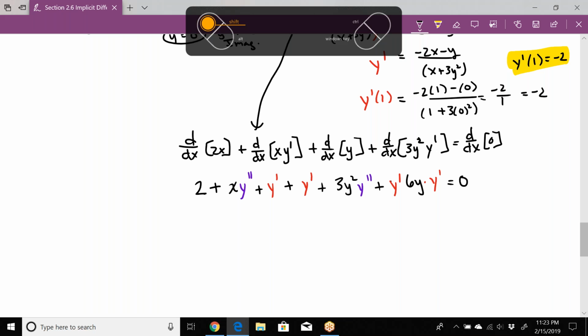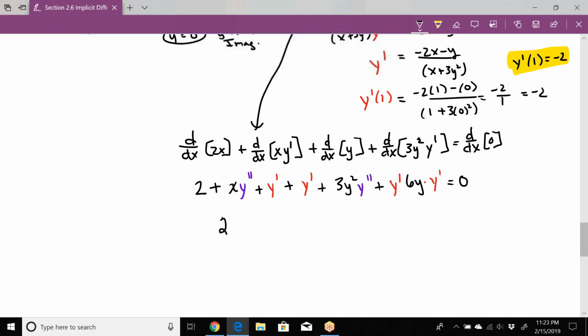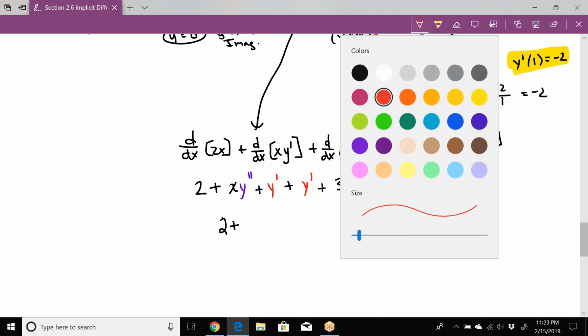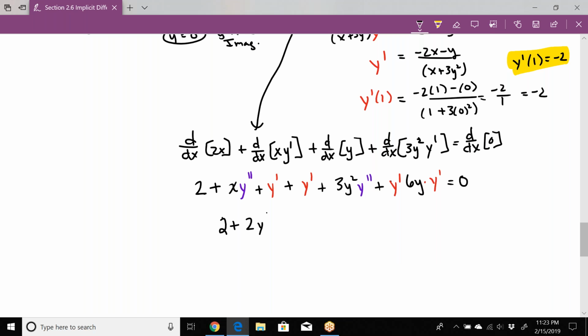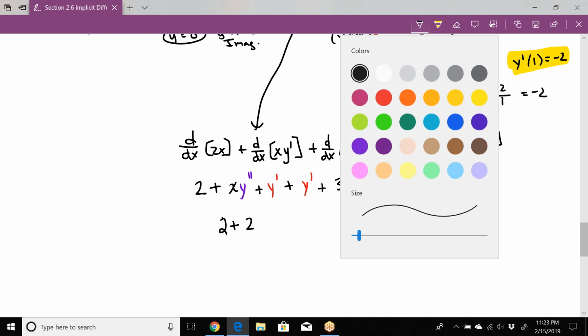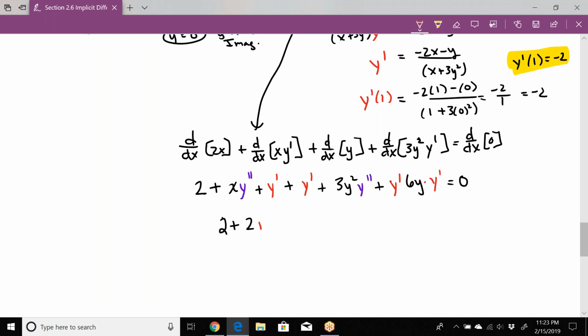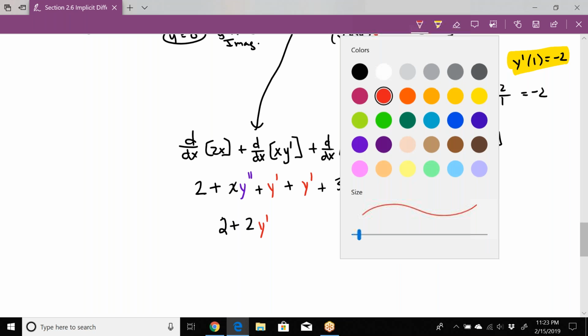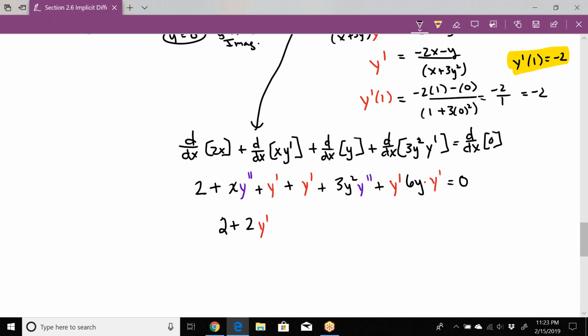So let me just clean up what I can a little bit before we do any plugging in. I'm going to put all my y primes that are singular together, so I have 2 of those. So that would be 2 y primes. Oh, I wanted those in red. Because I'm just adding those 2 like terms together. Then I had that other term that had y primes in it.